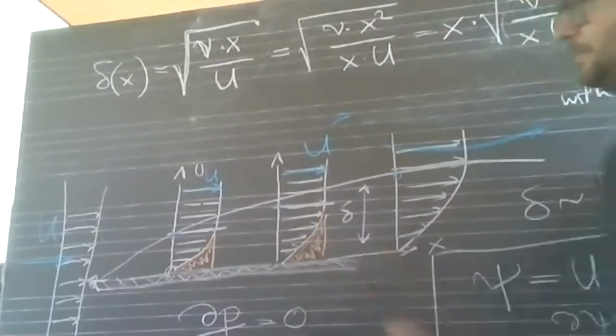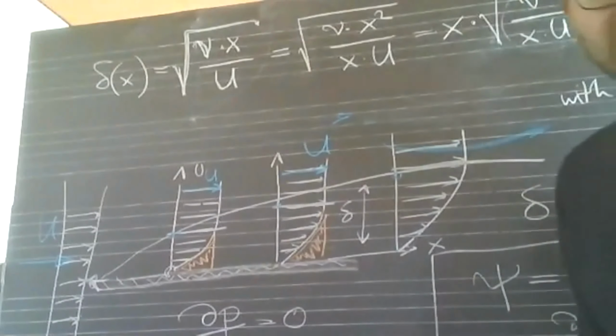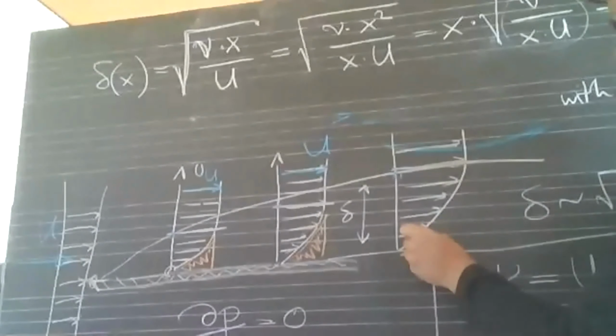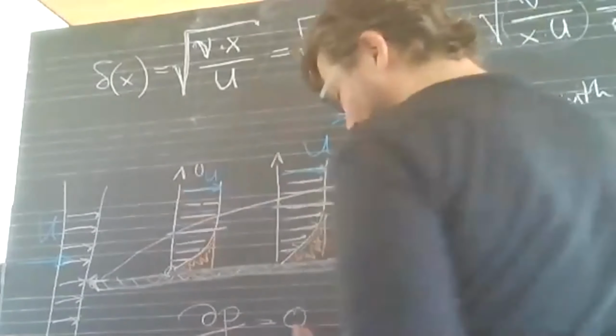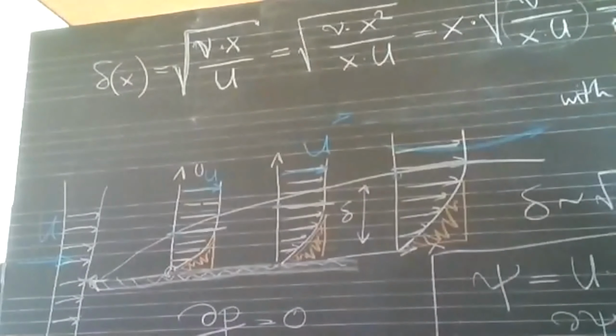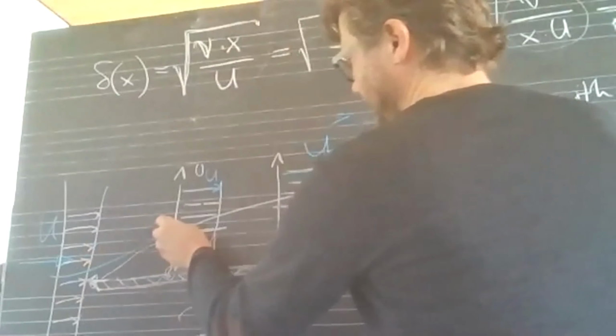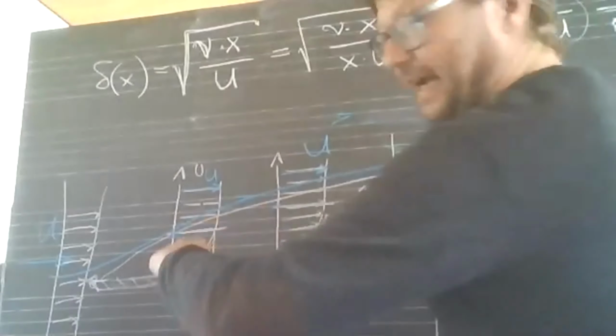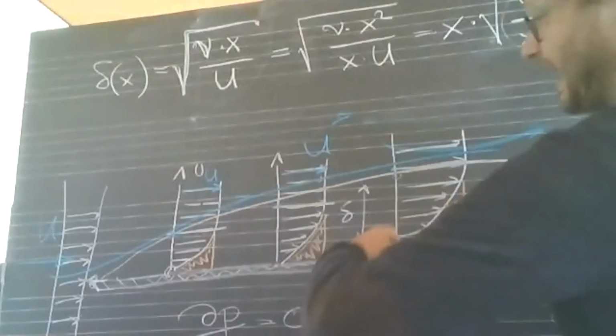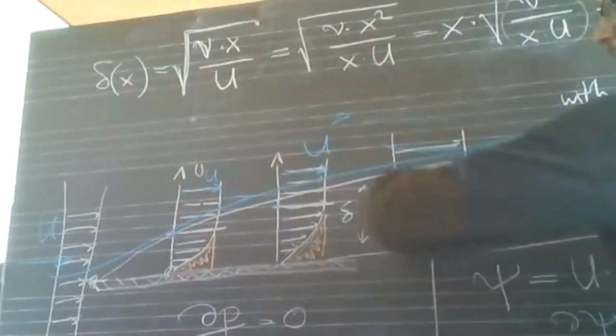That little bit of volume is missing, or here even more. And this tells us how much the outer streamline, the blue streamline, has to be displaced upward.